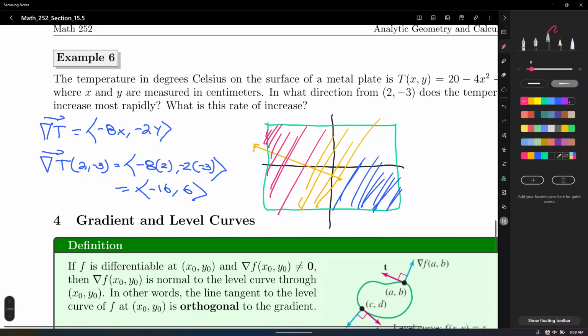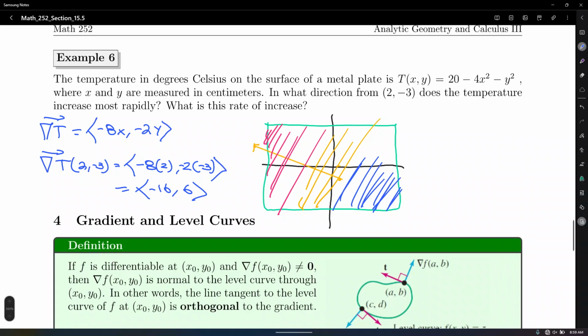So that is, find the magnitude of this nabla vector. That's the square root of negative 16 squared plus 6 squared, which results in the square root of 292, which we can simplify a little bit.